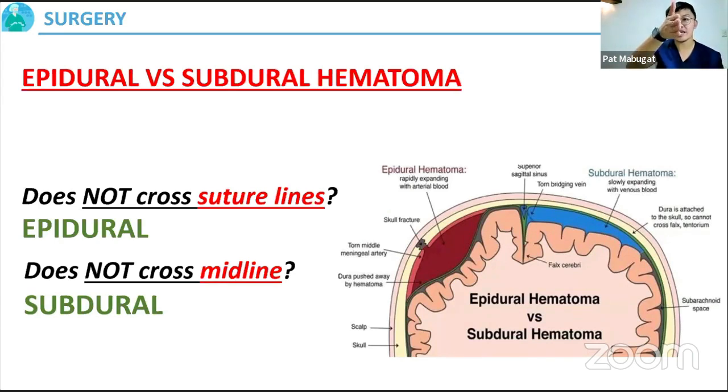So the dural reflection here actually splits your two hemispheres. So if there's hematoma here, and the hematoma is just between the dura and the brain tissue, it's just going to get trapped in one side. It's not going to go to the other side. So the one that cannot cross the midline because there's a falx cerebri is your subdural hematoma. Again, suture lines, epidural, it cannot cross because it's stuck on bone. Subdural, it cannot cross because we have a falx cerebri.